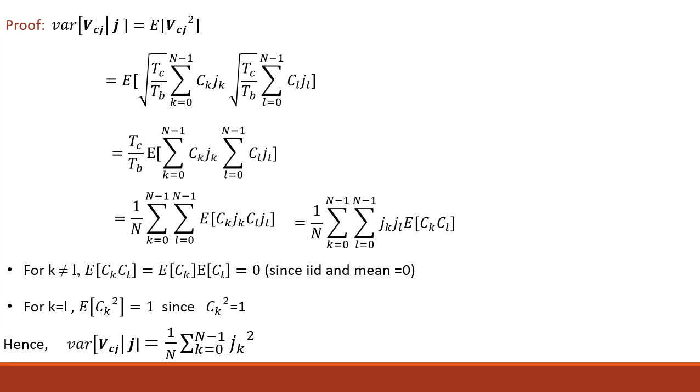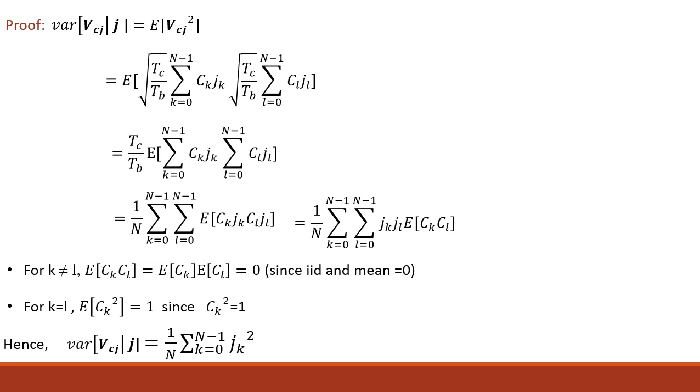Again we have used the expression that Tb is equal to n times Tc, so that is why we have Tc by Tb as 1 by n. Now since jk and jl are constant, these can be taken outside, and this expression can be written as 1 by capital N summation k going from 0 to n minus 1 summation L going from 0 to n minus 1 jk jl expected value of Ck into Cl.